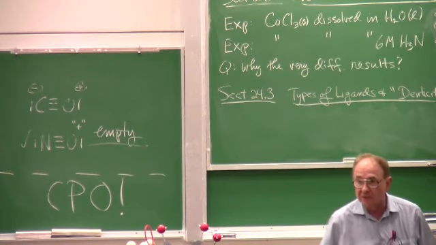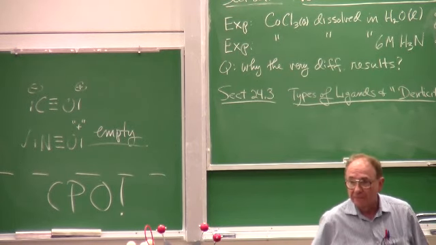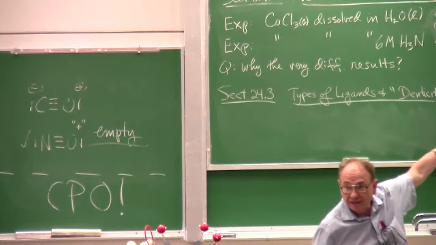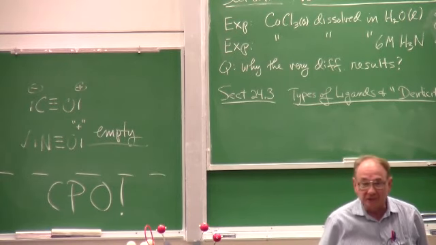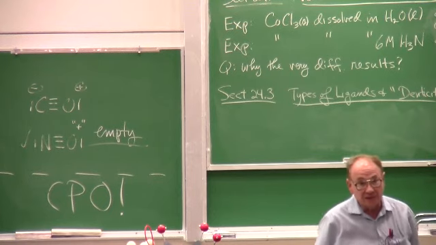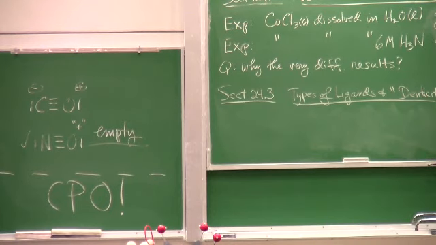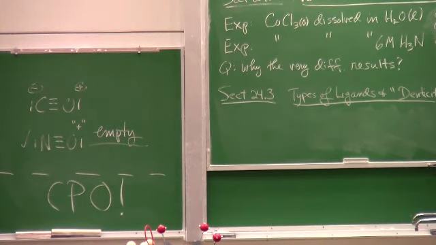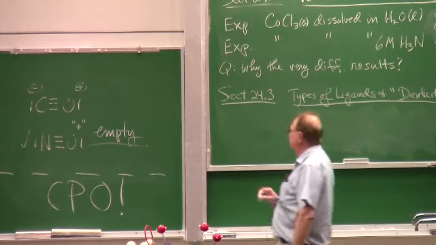What are these valence orbitals? 3D! Just like every period 3 atom. None of them have valence 3D electrons, but they all got valence 3D orbitals. All right, back to this stuff. Denticity.